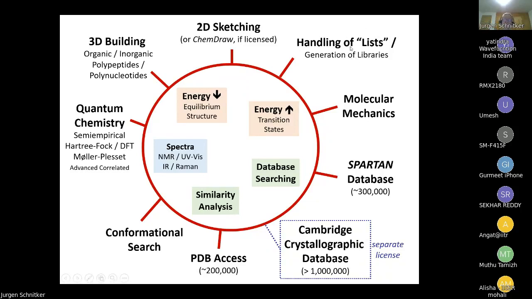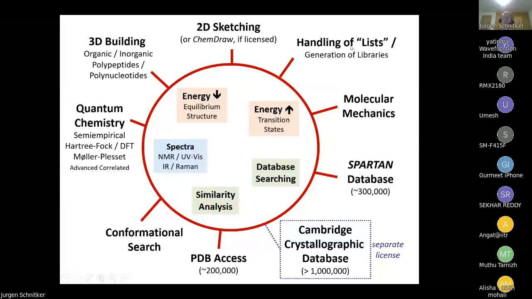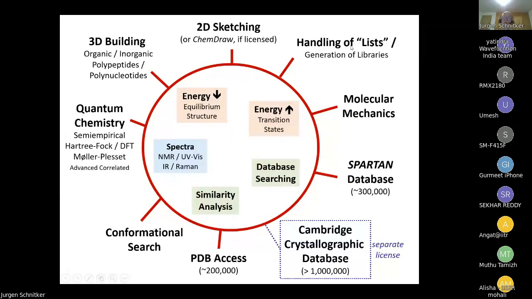From then on, you can do everything in parallel with all the members of the list, as opposed to looking at one model at a time, which other programs will typically focus on. Spartan gives you the tools, whether you take advantage of them or not, to handle lists with relative ease. You always select a global button, a check mark for global, and then it will just do the list instead of one molecule.